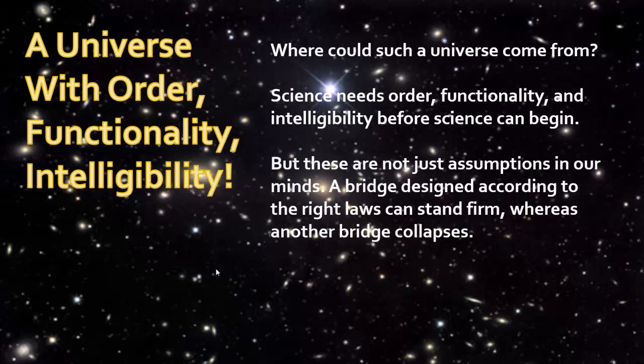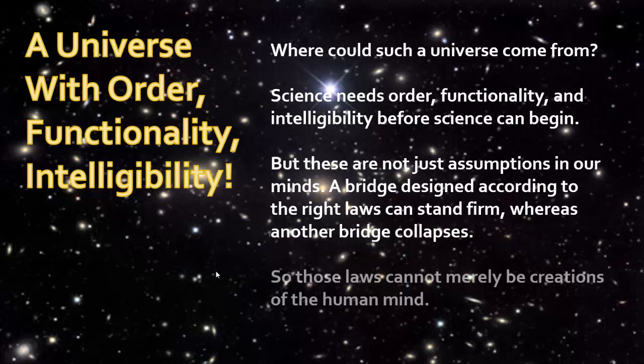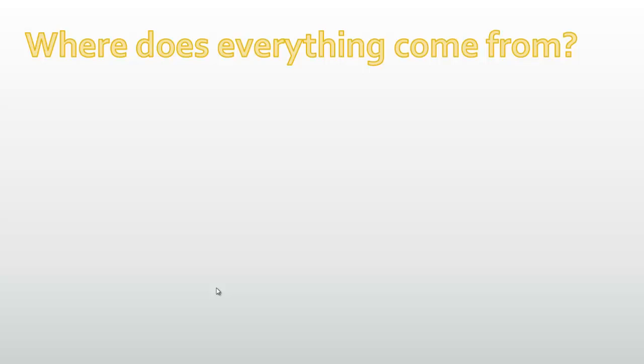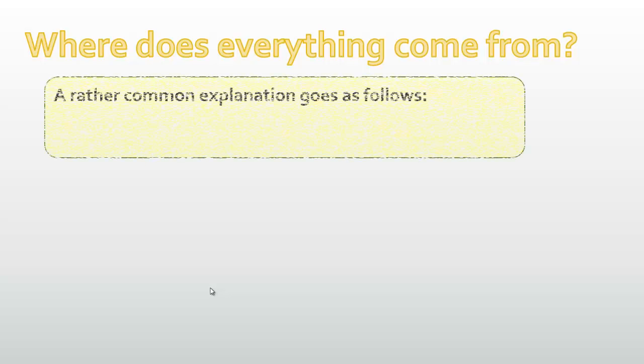Those assumptions are so vital that if we don't design bridges according to the right laws, they will collapse. Apparently, those assumptions are not merely creations of the human mind. They are real entities. Otherwise it wouldn't make a difference whether we use the correct law or not. So where does all of this come from?